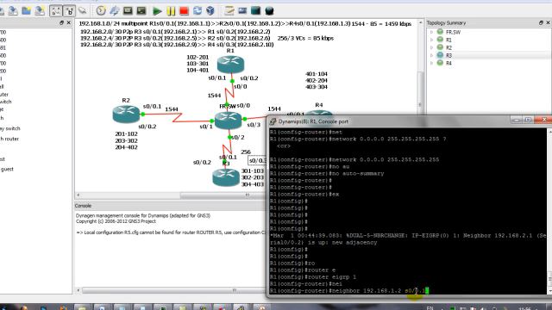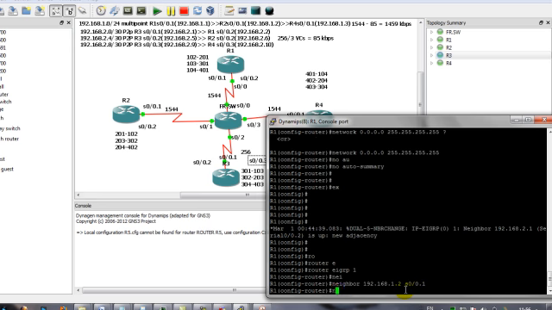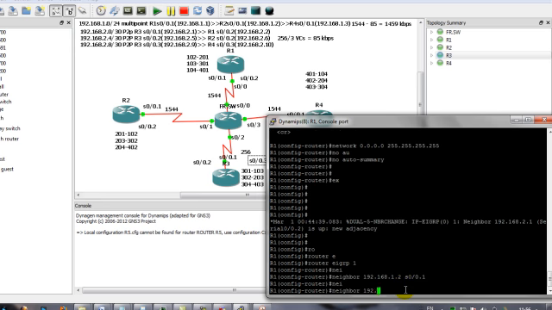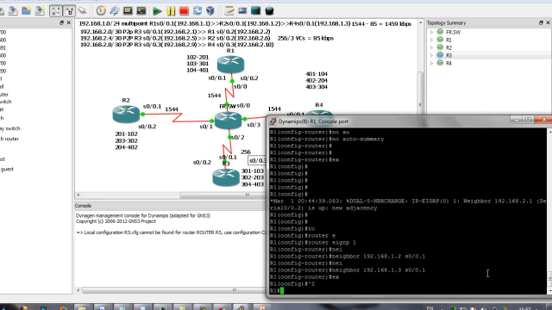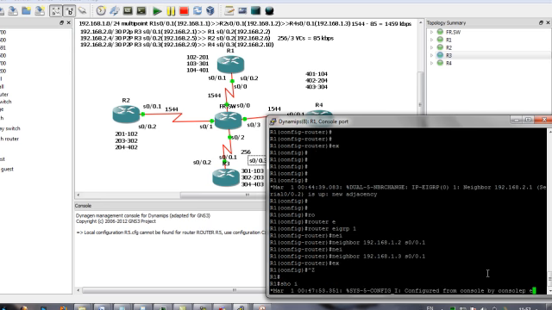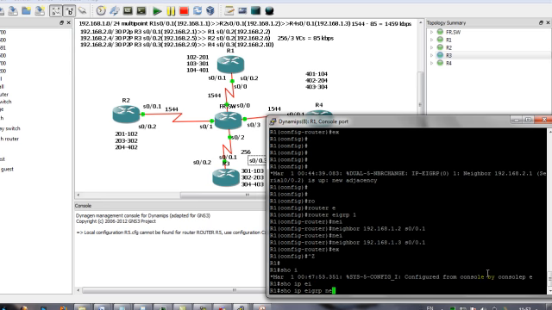This command does not exist in OSPF, just here in EIGRP. And also I have neighborship with 192.168.1.4, router 4 with .3, with 0.0.1. So I show IP EIGRP neighbors.